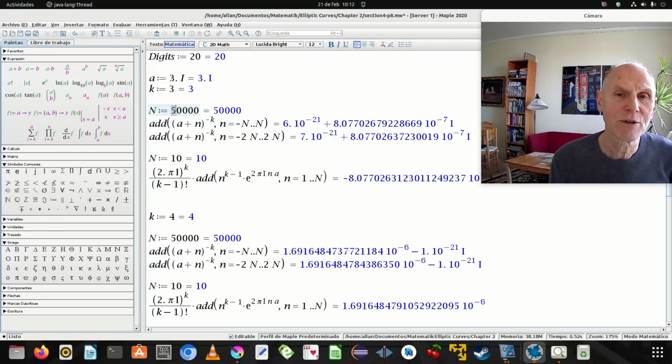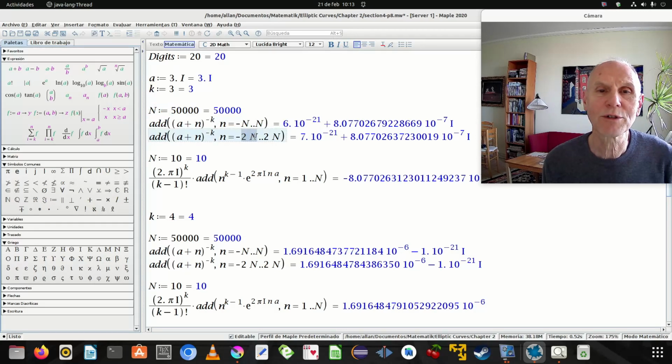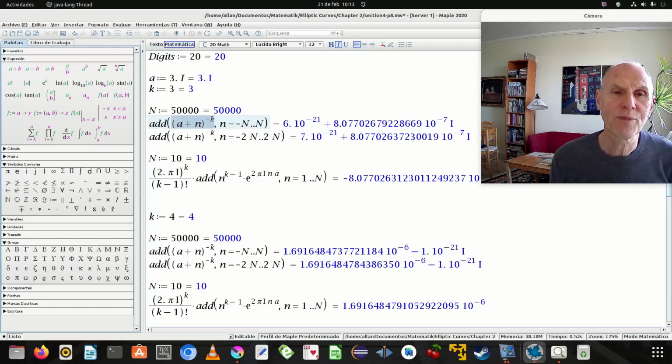And I use the first 50,000 and 100,000 terms. I set A equal to 3 times the imaginary unit and K equal to 3, 4, 5, and 6. And we compute the sum.